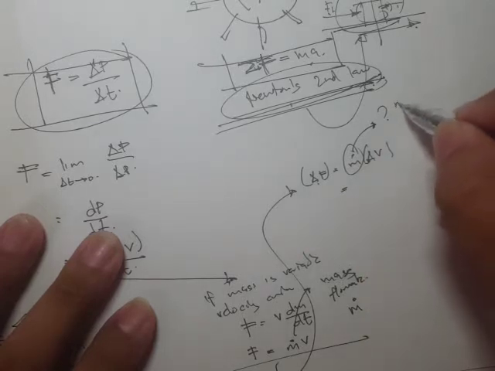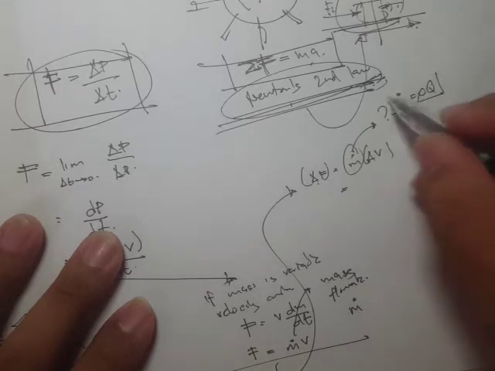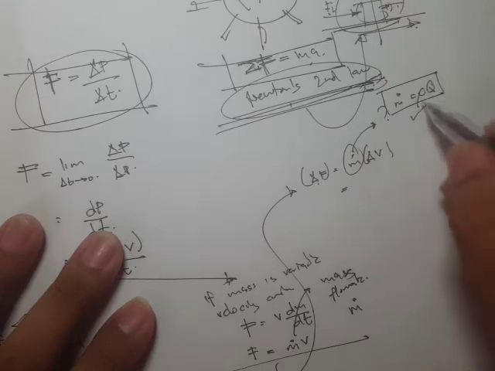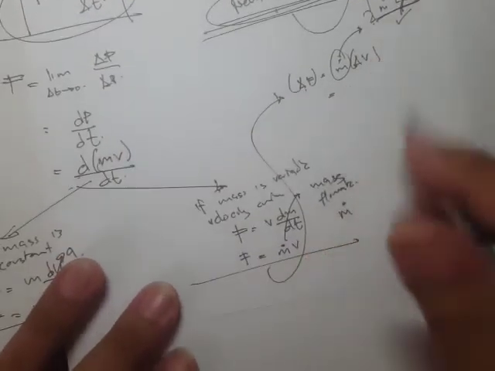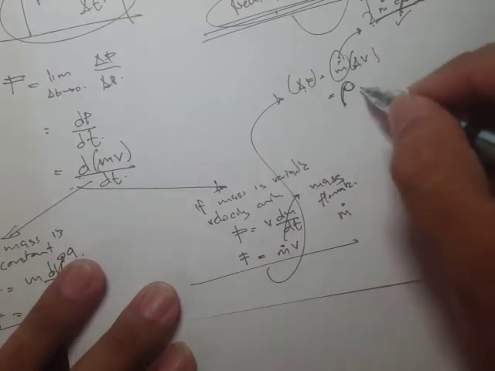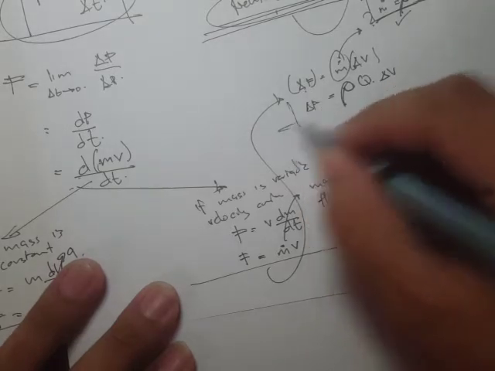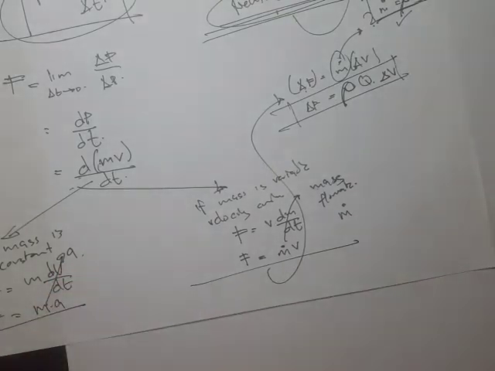Isn't it equal to the density times the volumetric flow rate? So m dot, the mass flow, is just equal to the density times the volumetric flow rate. Therefore, this will be rho times Q times the delta v. Okay, so this will be the force exerted by the moving fluid to its solid boundaries.